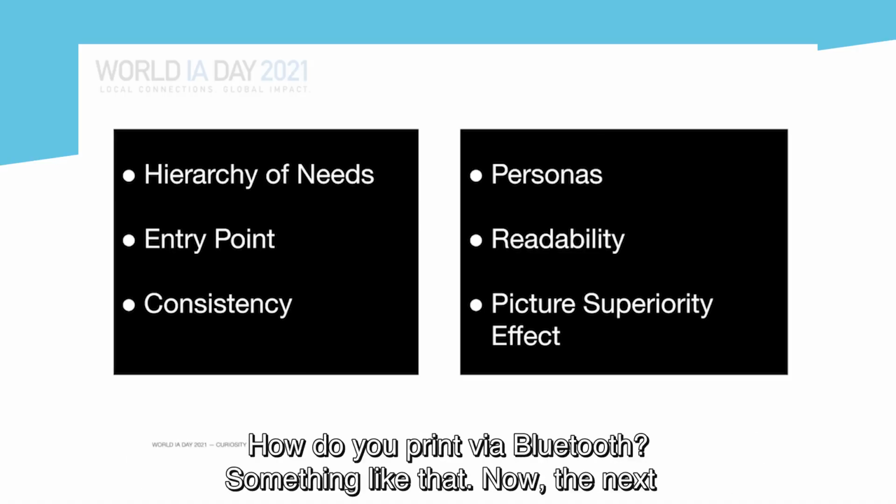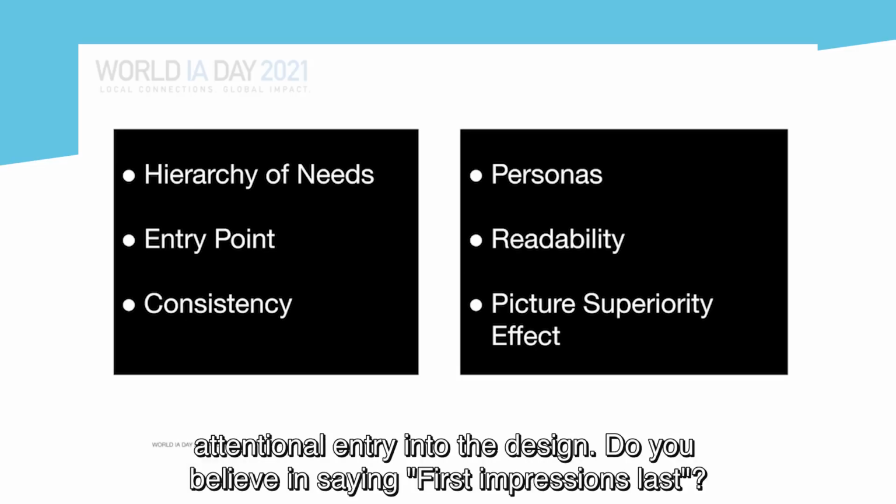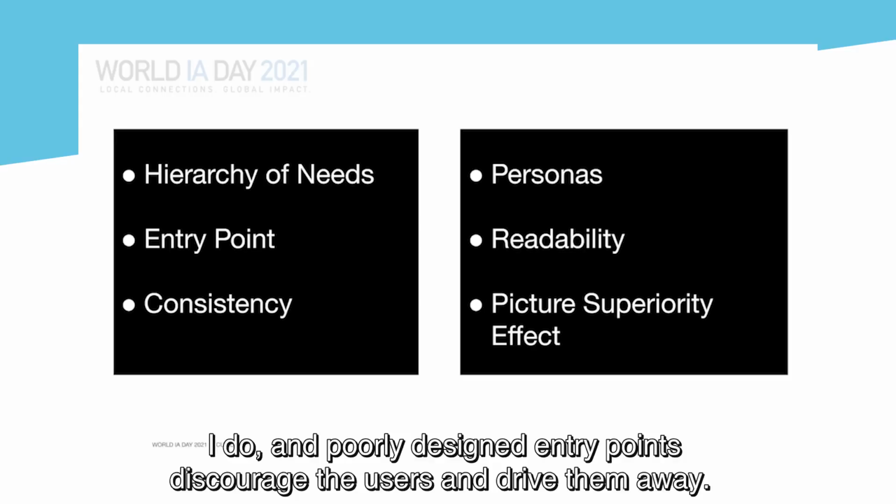Something like that. Now, the next principle is the entry point. In the book, the entry point is defined as the physical or attentional entry into the design. Do you believe in the saying, first impressions last? Well, I do. And poorly designed entry points discourage the users and drive them away.